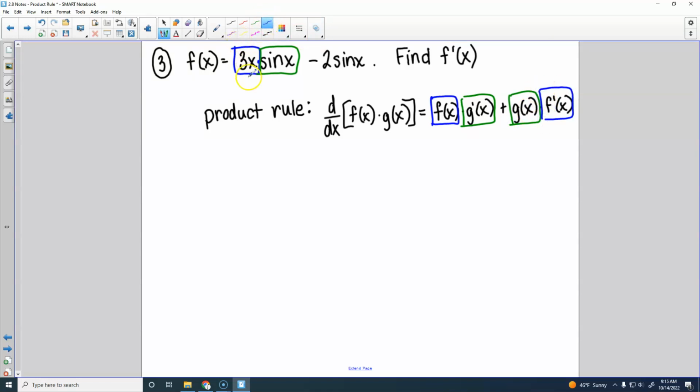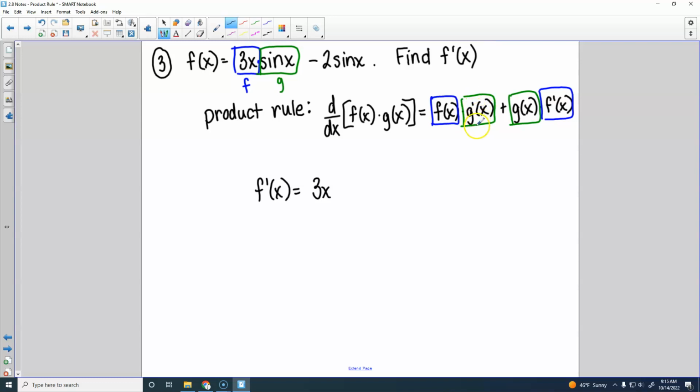So in this case, we're going to let that 3x be our f. We're going to let the sine x be our g. So when we take this derivative here, we are going to have f, which is just our 3x, times the derivative of g.